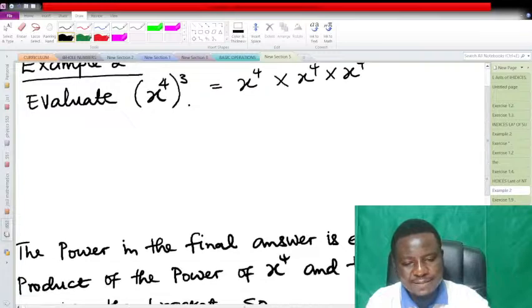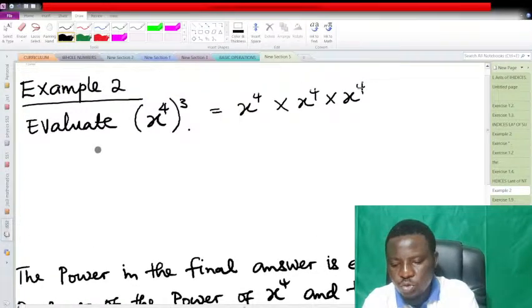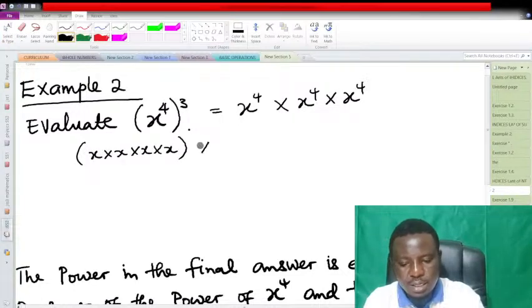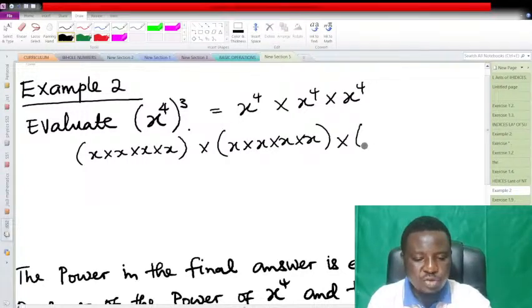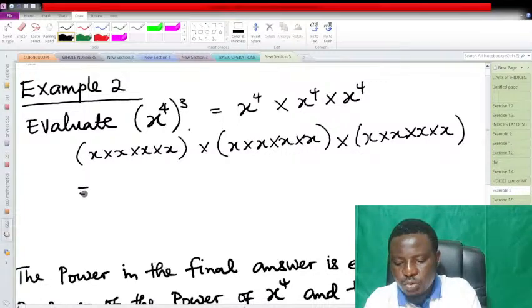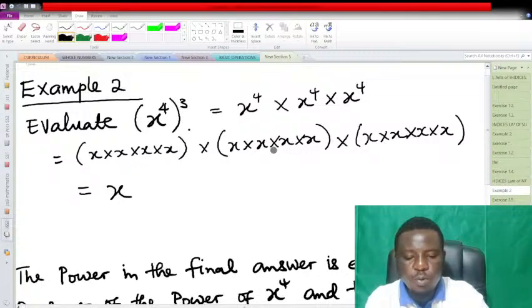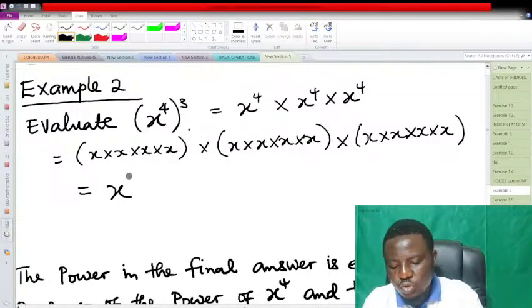So x raised to the power of 4 is x times x times x times x, times another x raised to the power of 4, which is x times x times x times x, times another x raised to the power of 4, which is x times x times x times x. So this can be said to be equal to x raised to the power of 4 plus 4 plus 4, which is x raised to the power 12.